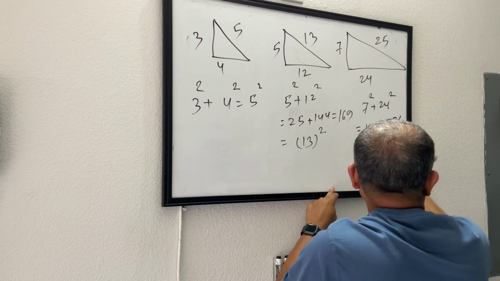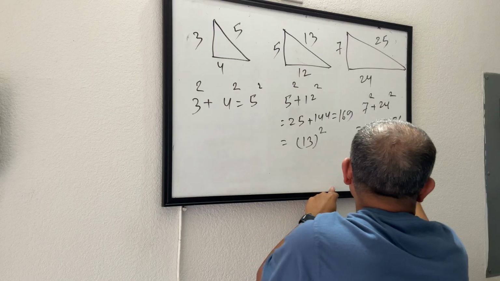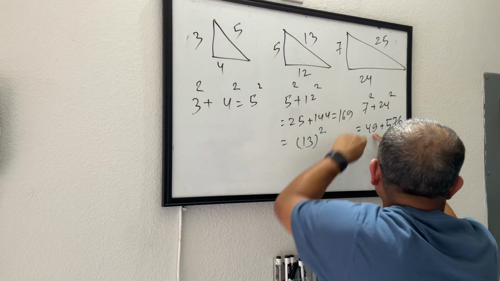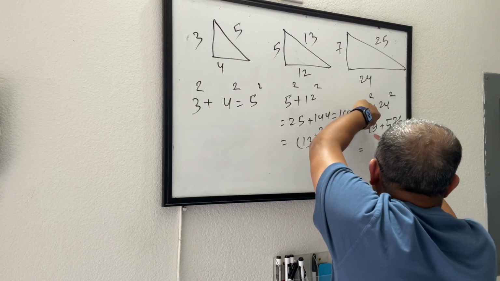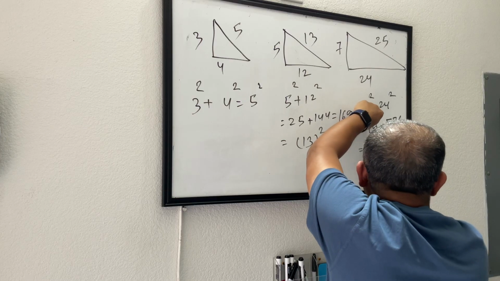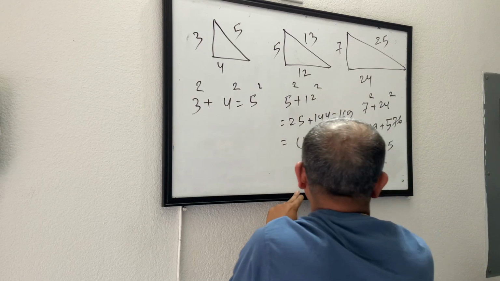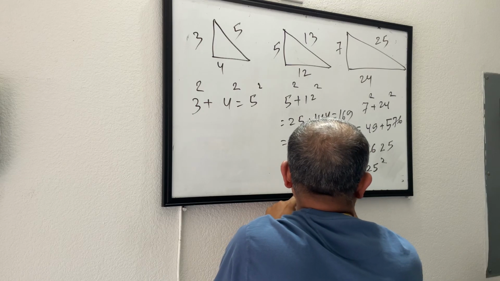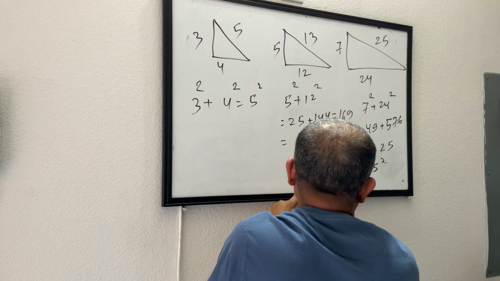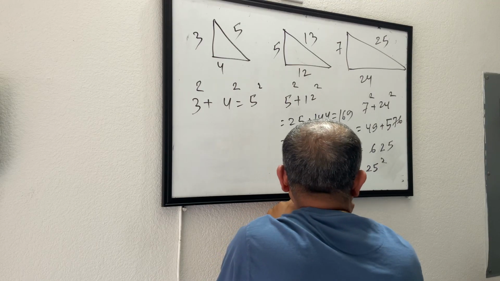Yeah, this looks okay. When you add these two together, 6 plus 9 is 15, 1 carry forward, 4 plus 7, 11, plus 1, 12, 1 carry forward, 5 plus 1, 6. And this is nothing but 25 square. So 25 times 25: 25 times 5 is 125, 12 carry forward, 25 times 2 is 50 plus 12, 62.